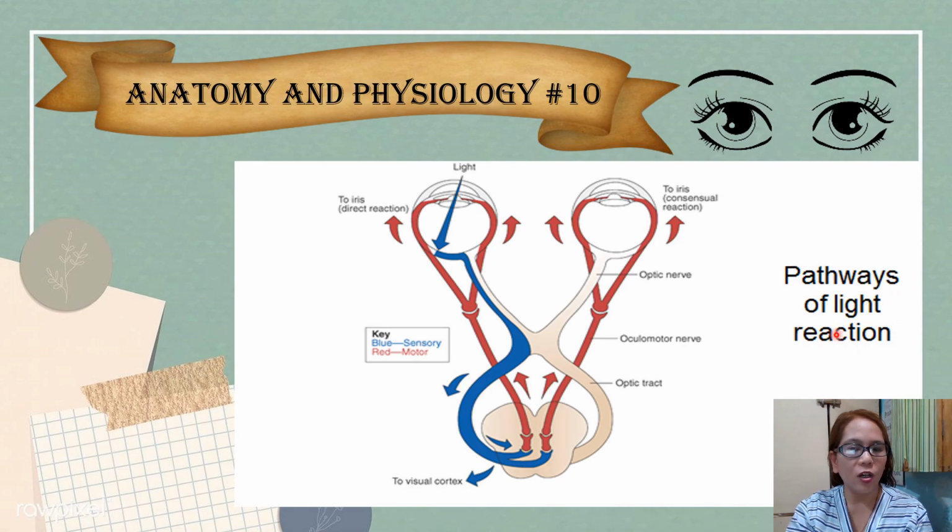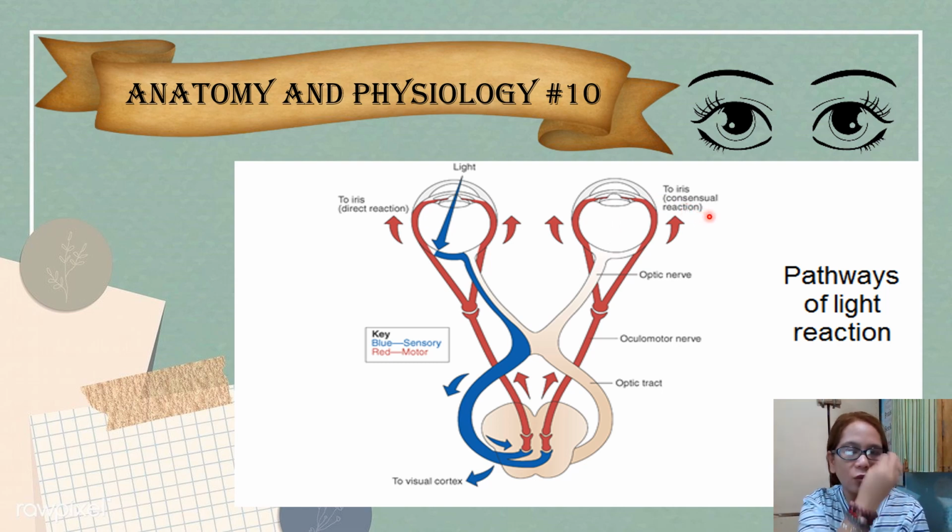Okay, moving on to the pathways of the light reaction. The light beam shining onto the retina causes the pupillary reaction, or constriction of the pupil, in both eyes.